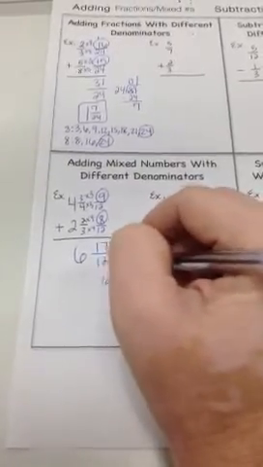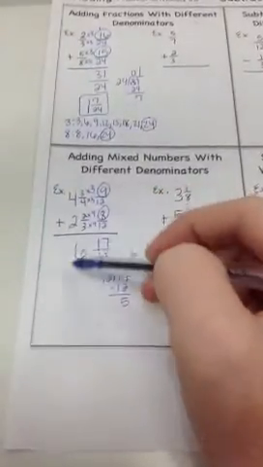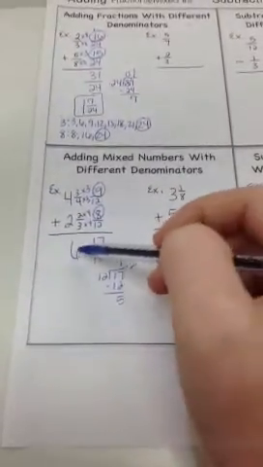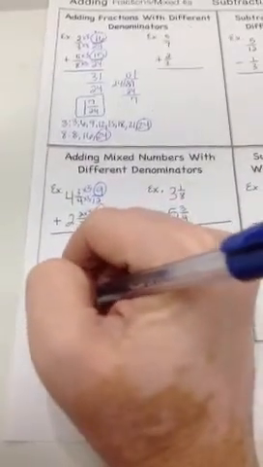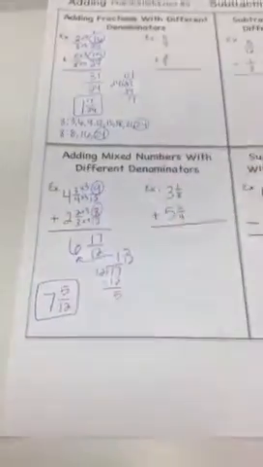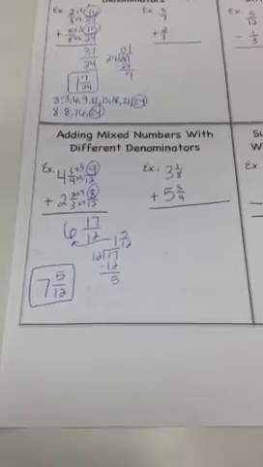So I have 5 left over out of 12, but I already had 6 wholes, so I have to add this one extra whole onto that to make that 7 and 5 twelfths. So I added this whole number onto that whole number to make it 7 and 5 twelfths.